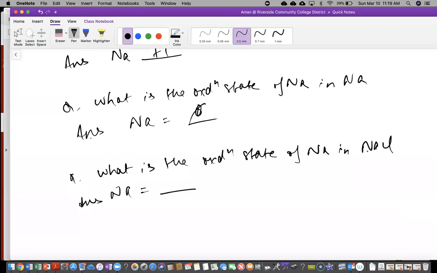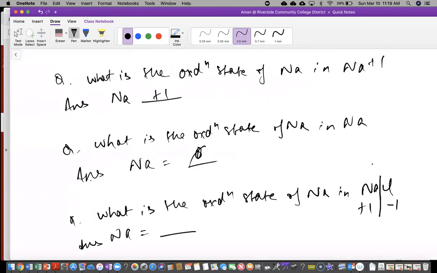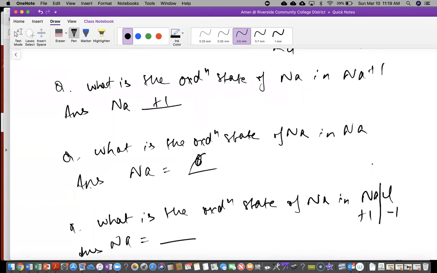What is the charge of chlorine? It's -1. So sodium is plus 1. Sodium is in group 1, so it can never be plus 2. You can never make sodium plus 2. So it's plus 1. Look at these 3 examples. If you get this, you'll get the whole thing.